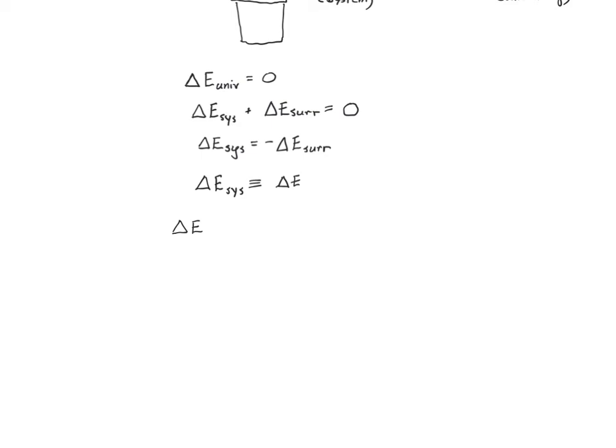For our purposes, any changes in energy are going to be due to one of two processes. The first one is the loss of heat or the gaining of heat. The other possibility is by having work done on or by the system.